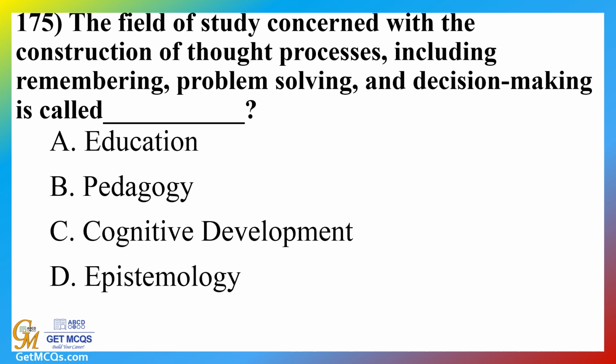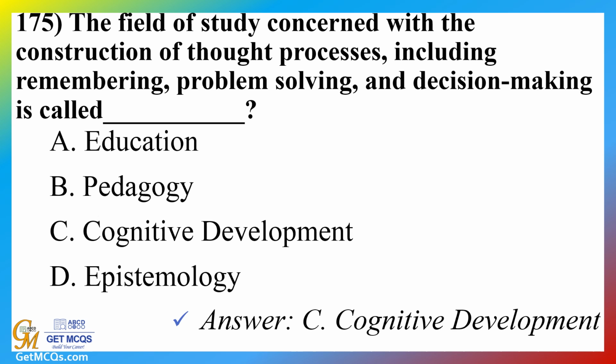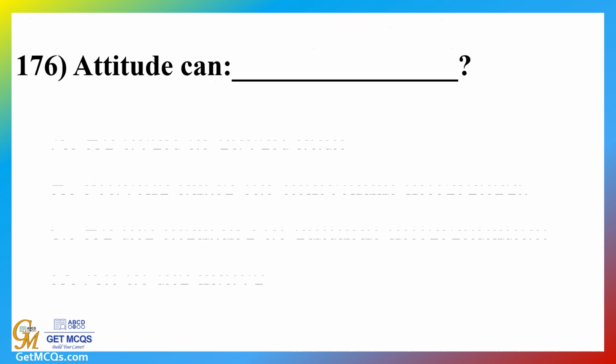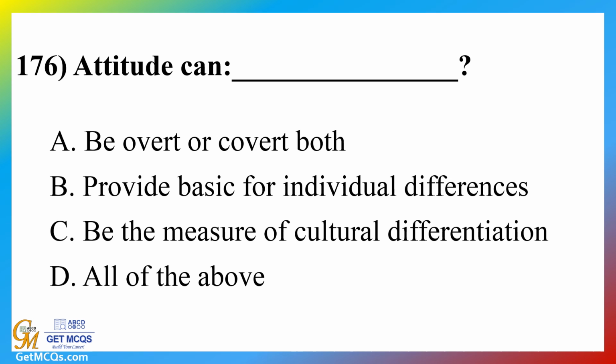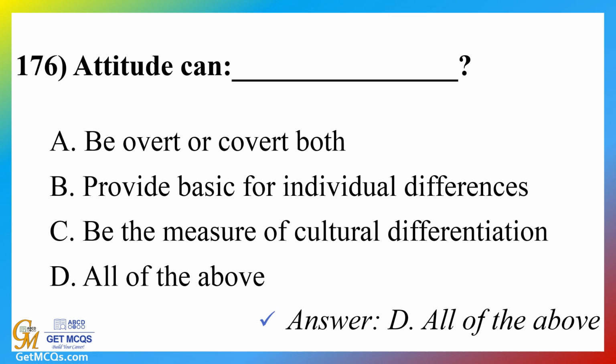The field of study concerned with the construction of thought processes, including remembering, problem solving, and decision making, is called? Answer: C. Cognitive development. 176. Attitude can? Answer: D. All of the above.